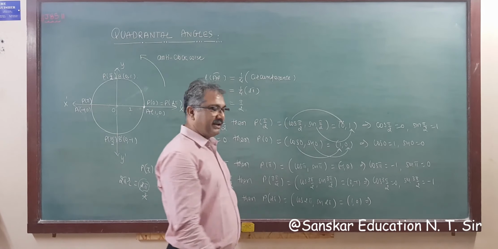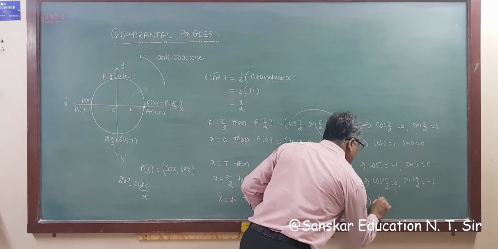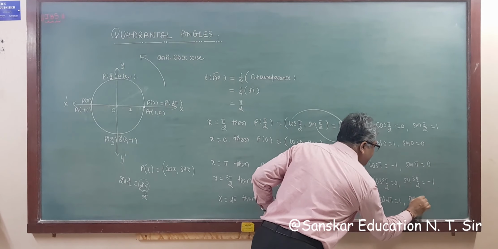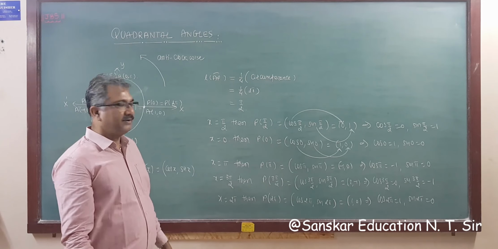So this implies cos 2 pi is 1 and sin 2 pi is 0, right? Got it?